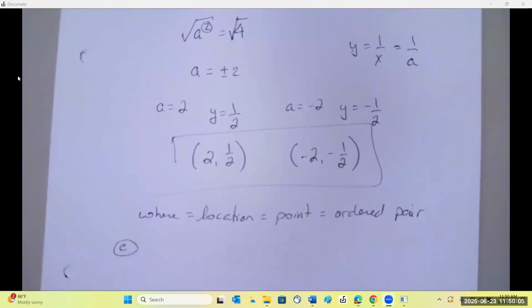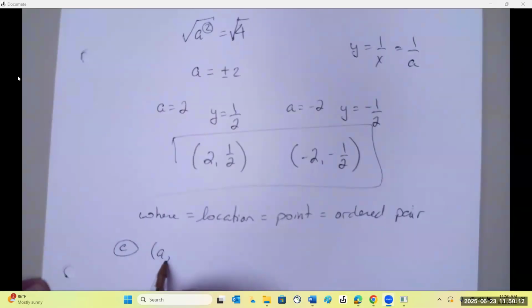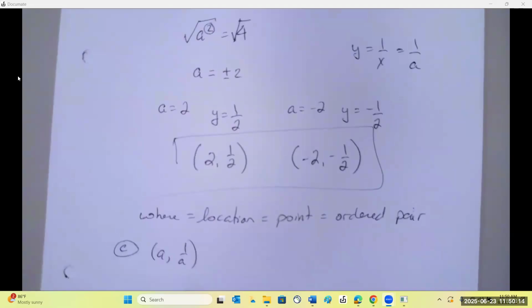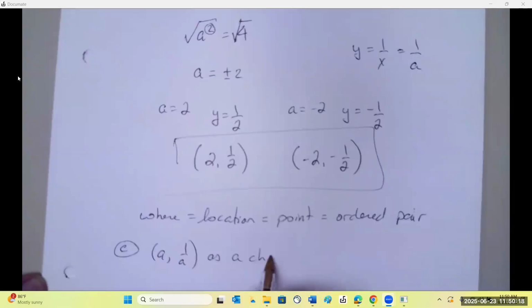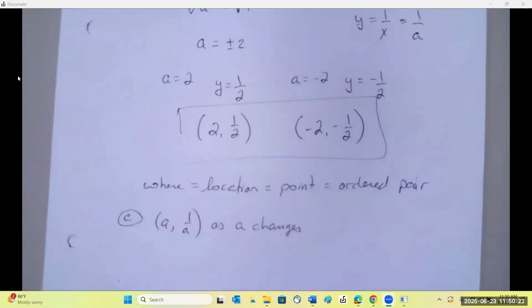And the last question says, what happens to the tangent line to the curve at this point as A changes, what happens?